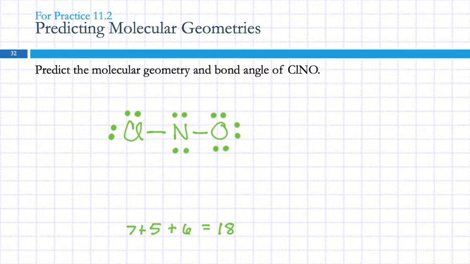I ran out of electrons, what do I do? I'm going to make a double bond. So this nitrogen in the middle has an octet and this chlorine does not.